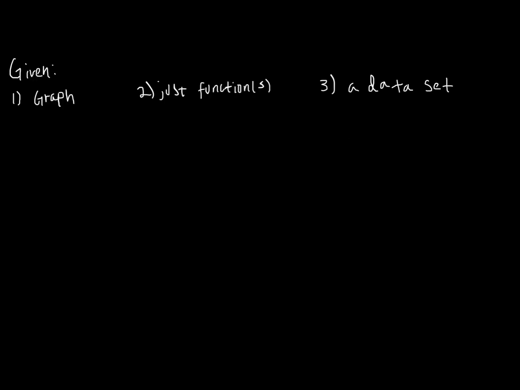Okay, so in the various situations we've seen, there are a variety of different things that we're given to start off with, some of which are better than others. So we could start off with a graph of our quadratic function. We could start off with just the function, or in some cases multiple functions, or we could just be given a data set.